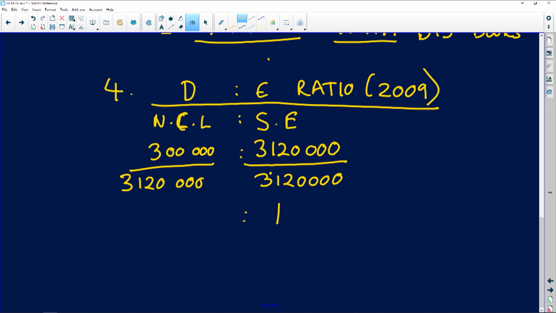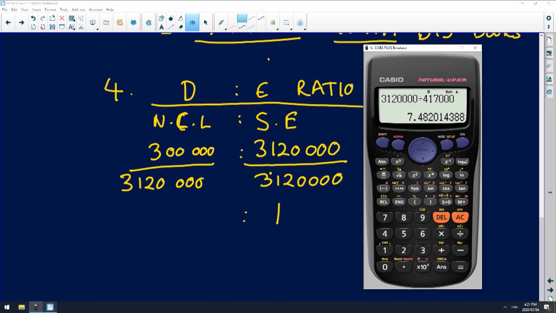Okay, so I'm getting a ratio of, okay, let's do that together. So 300,000, okay, divided by 3,120,000. And guys, just be careful of the zeros. Let's just fix that. 3,120,000. I think that's correct.